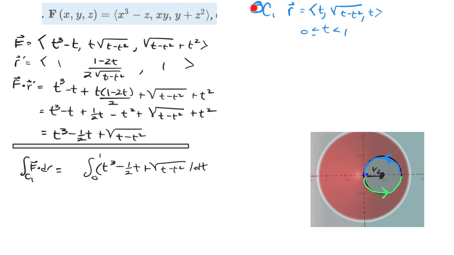But we have to remember that the way we parameterized it, it was going this way, 0 to 1, but it's really supposed to go the other way, so I'm going to have to take the minus of that. If I do that, I get the integral from 0 to 1 of minus t cubed plus 1/2 t minus the radical of t minus t squared dt.